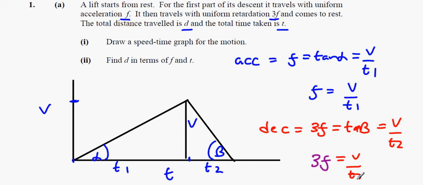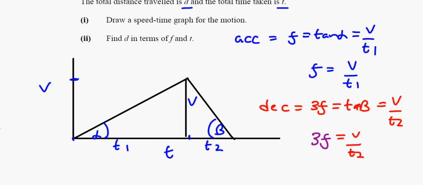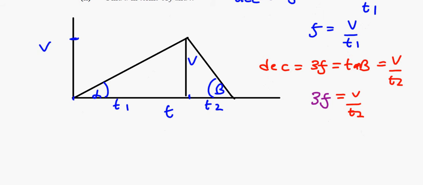So when we rearrange both formulas, what we can see is that t1 equals v over f, and t2 equals v over 3f.